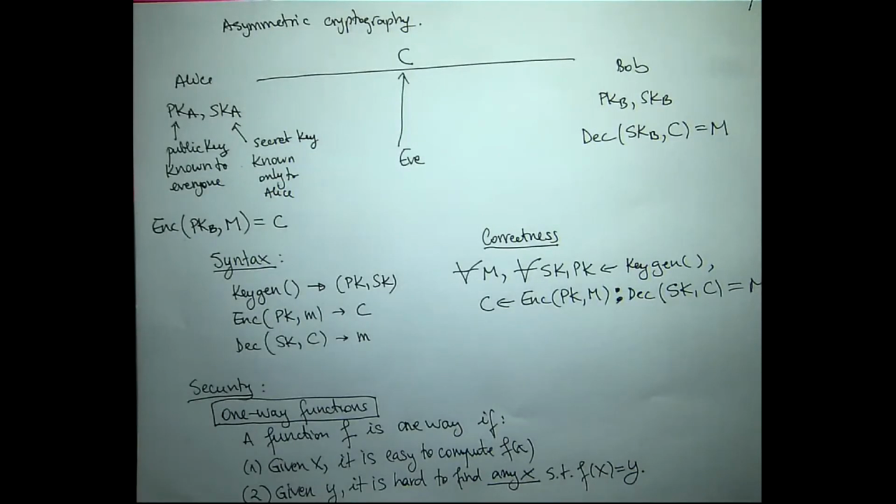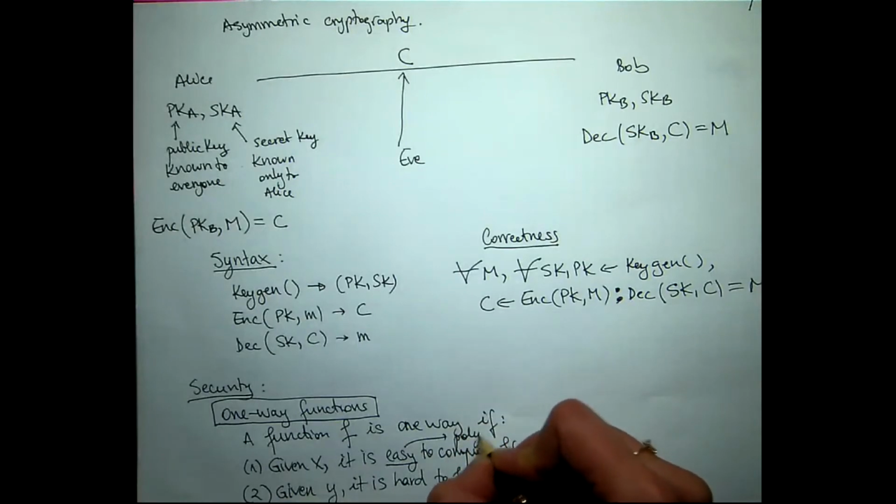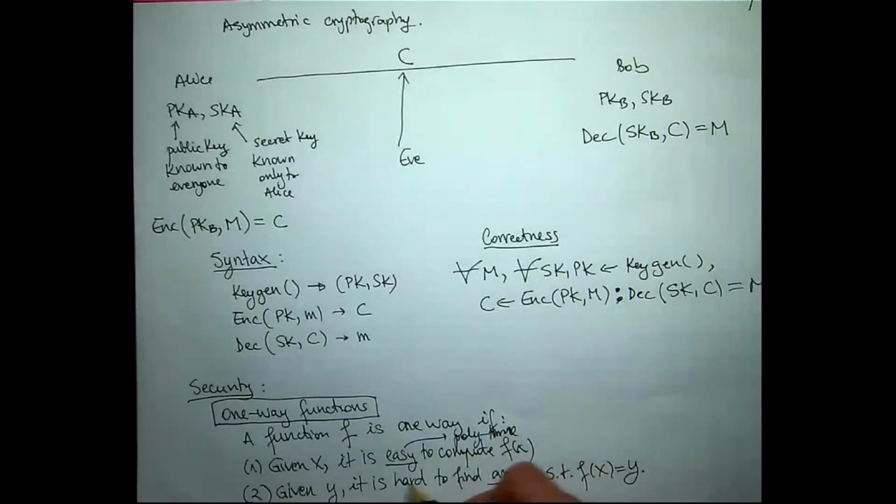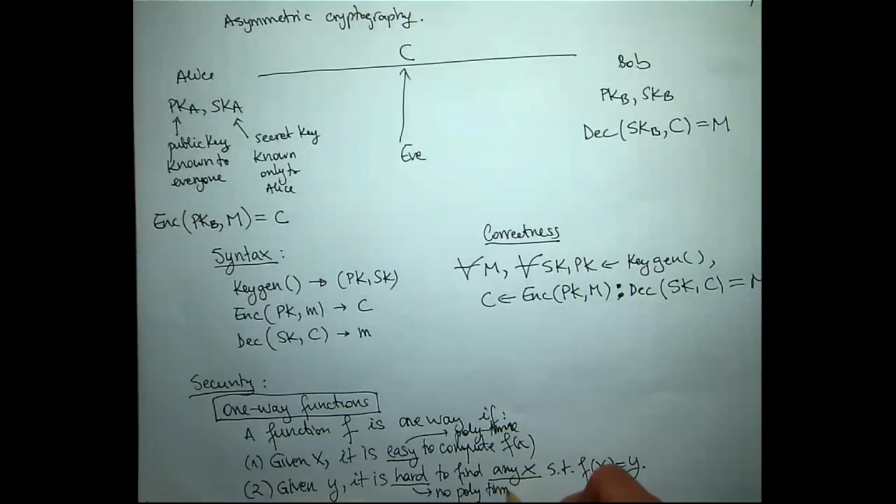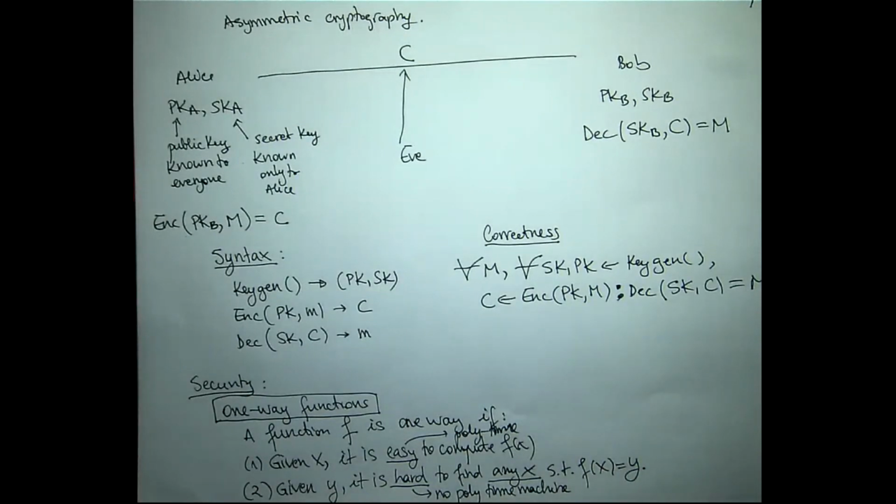Okay? And what do we mean by easy and hard? Well, remember that we model humans and machines as polynomial time algorithms, right? So anything that's computable in polynomial time is easy, and anything that cannot be computed in polynomial time is hard. Easy means that you can compute it in polynomial time, and hard means that there's no polytime machine or algorithm that can invert this function.